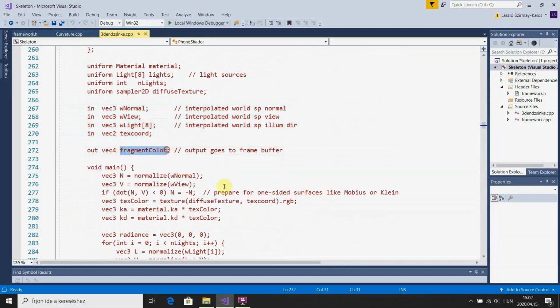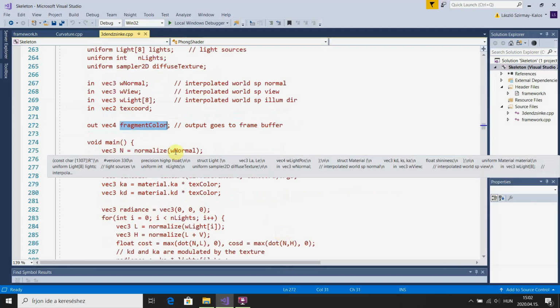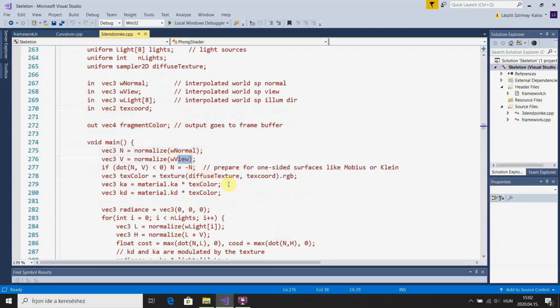As always, the fragment shader's responsibility is to compute the output color or the output radiance associated with this pixel. The normal vector and view vector are normalized, so we get the normal vector in world space and the viewing direction V in world space. Again, we check whether we see the front face or the back face of the polygon, and if we see the back face, the normal vector is just flipped in order to keep the validity of the illumination formula, which is assuming that we see the front face of the polygon.